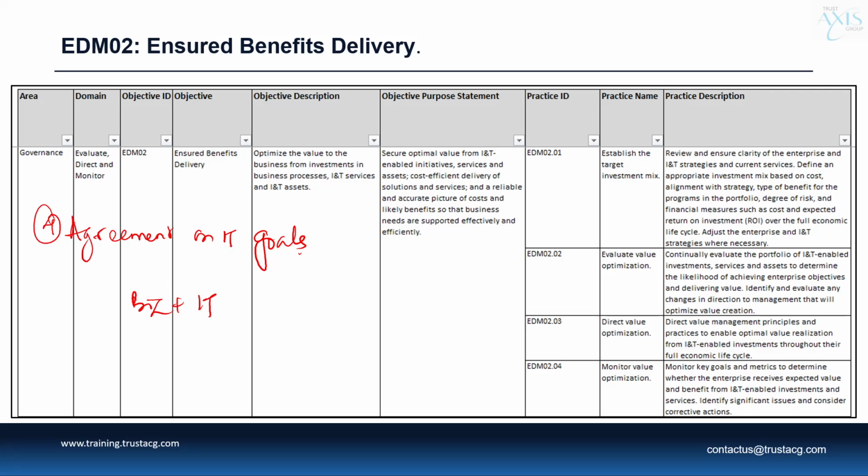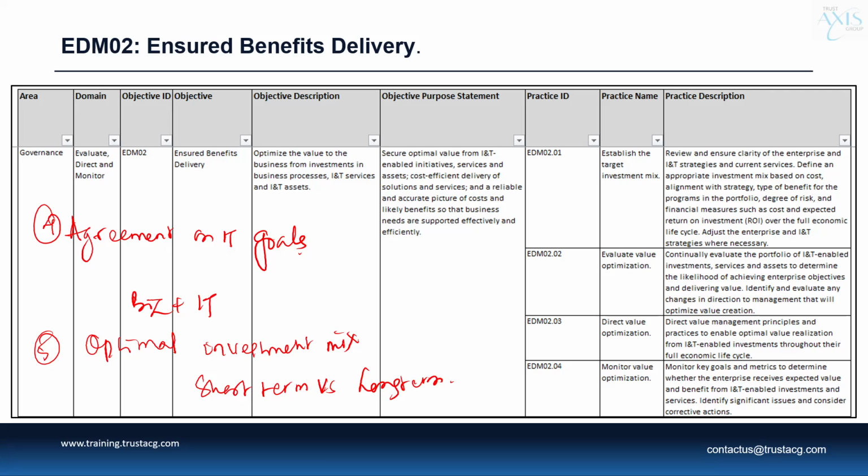So and then the other activity that you can identify is the optimal investment mix definition, right? Here you would strike a balance among various investment dimensions, like say for an example, short-term investments versus long-term investments, financial investments versus non-financial investments, high-risk investments versus low-risk investments, right?